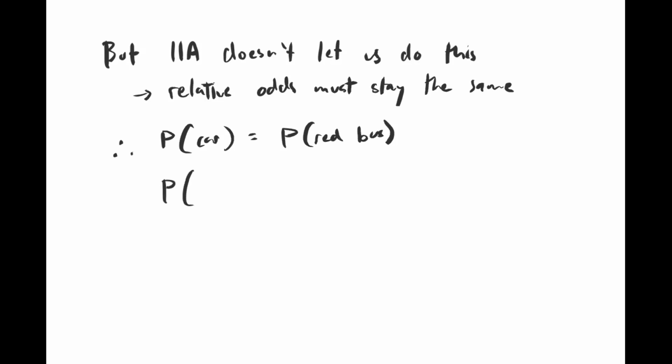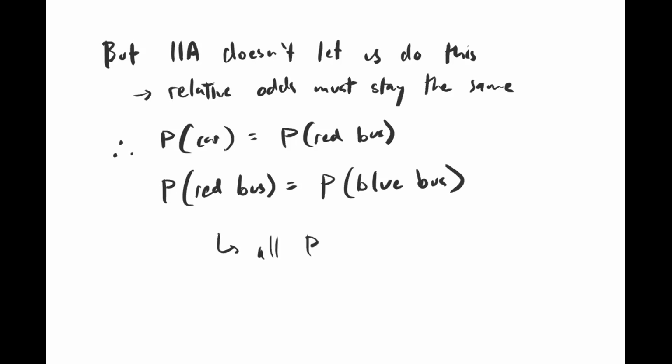And if the probability of red bus is the same as the probability of blue bus, then all probabilities are equal to 0.33, which is a little bit weird, right? Now you have a smaller probability of going in the car compared to going in the bus, and that is one of the big drawbacks of this type of modeling.